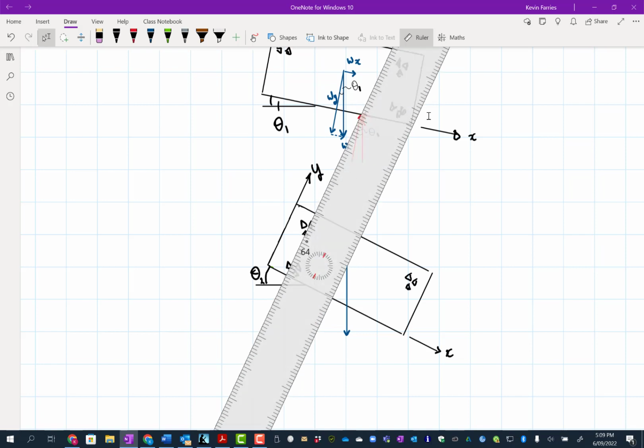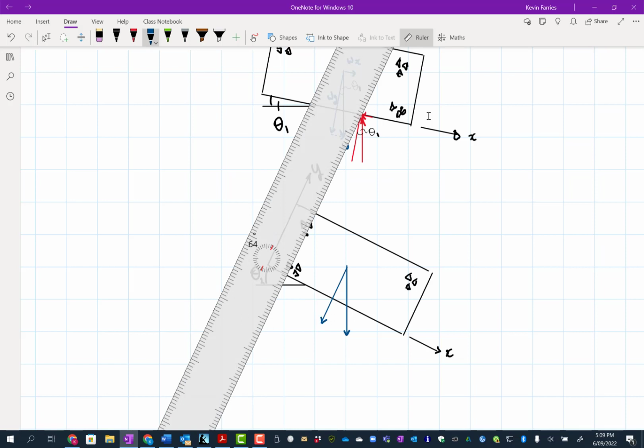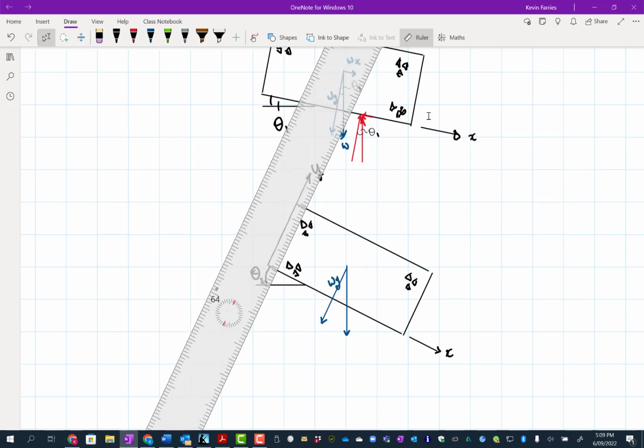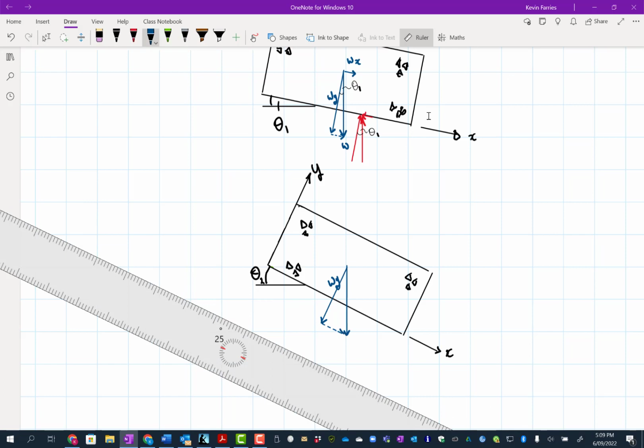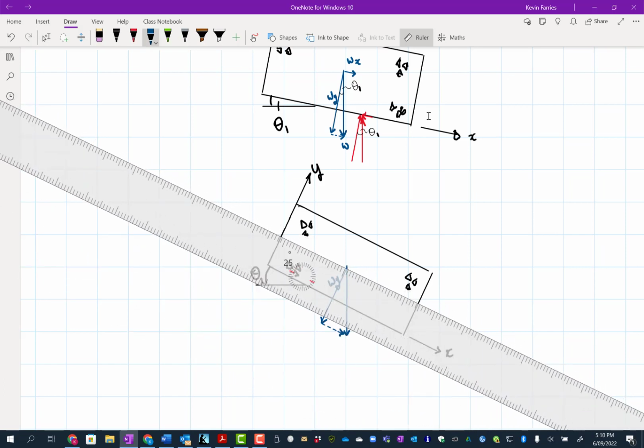And so now WY is a wee bit less, and WX is now increased. It's now getting a bit bigger, and its actual point of application would be up here.